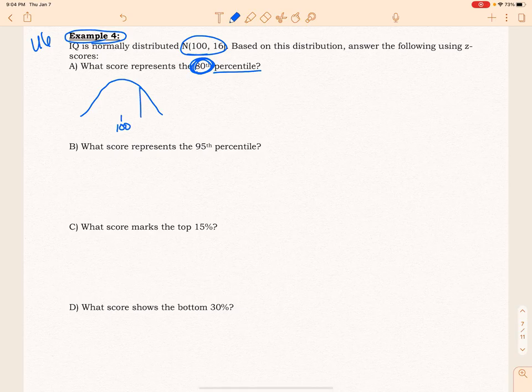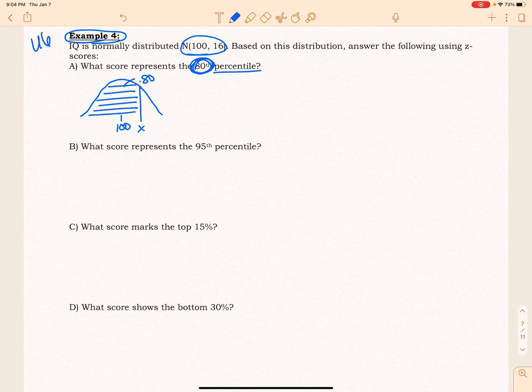So I know that the value I'm looking for is somewhere to the right or above 100. So I know that this right here is going to represent 80%, or just 0.8 is fine. So what I'm looking for here is this value right here. I want to know what IQ score represents the 80th percentile.